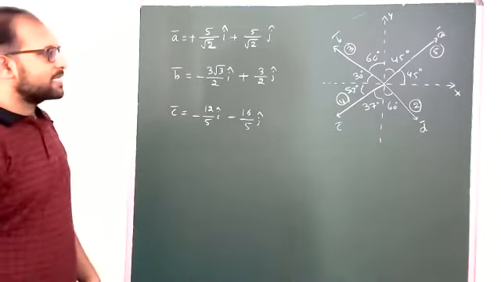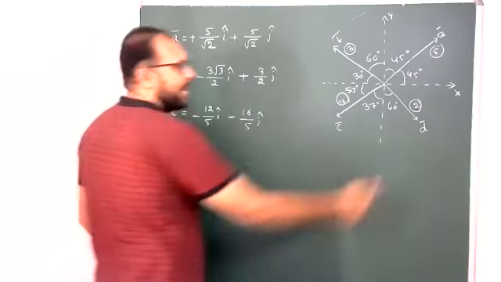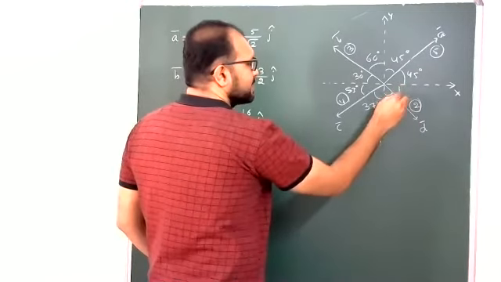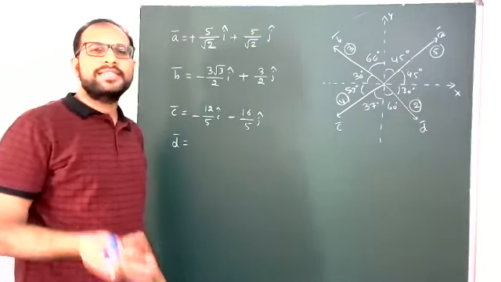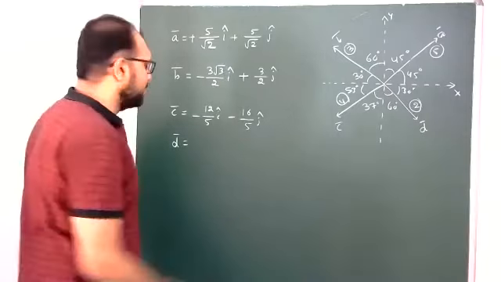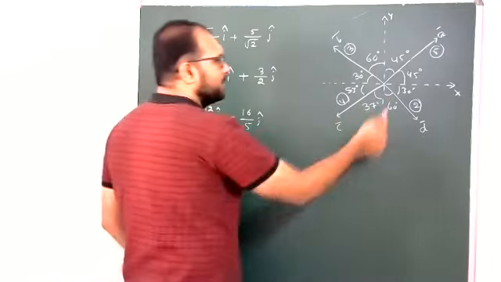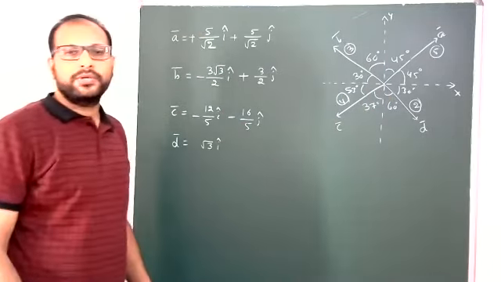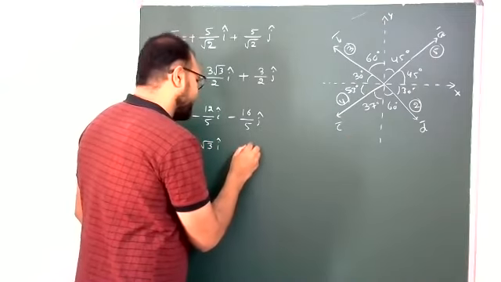Now come to the last, d bar. Magnitude 2, this is 60 means it is 30. The x component means the angle with the x-axis is required. Cos 30, we know, is root 3 by 2. The 2 cancels, so root 3 i cap. Next, cos 60 is 1 by 2, the 2 cancels, 1 into j cap, simply j cap.